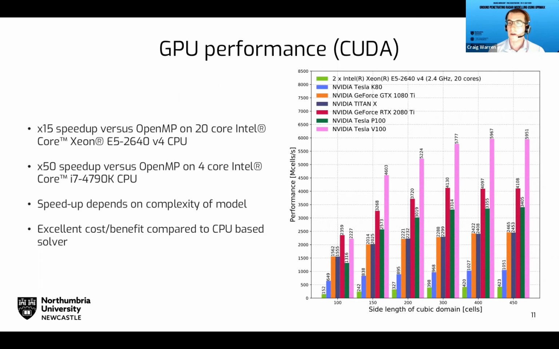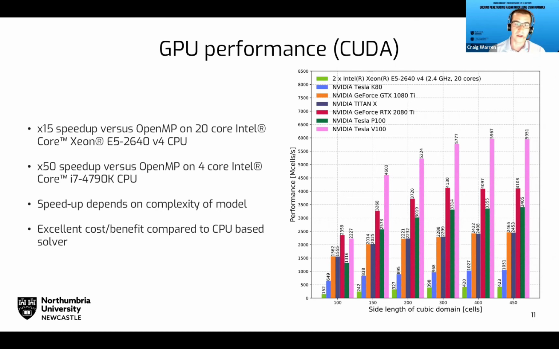The consumer GPUs would be regarded as the GeForce cards. Titan is a little bit more than that, and then the Tesla cards are the high-end HPC spec cards. But what you see immediately is even for the consumer spec cards, the performance compared to a 20 core CPU workstation is much more.